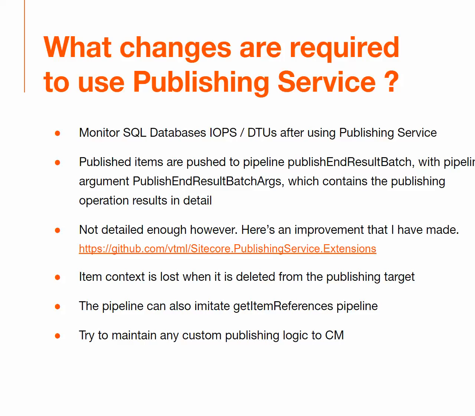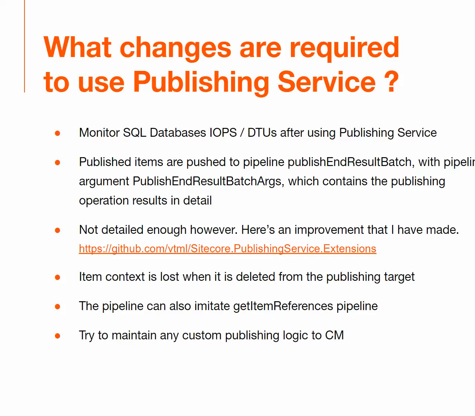Whatever has been published, they are pushed into a brand new pipeline called publish end result batch with a pipeline argument called publish end result batch args. It has got all the publishing operations in detail. They call it manifest operation, and a class called item result as well. However, I find it's actually not detailed enough, so I've made some improvements.